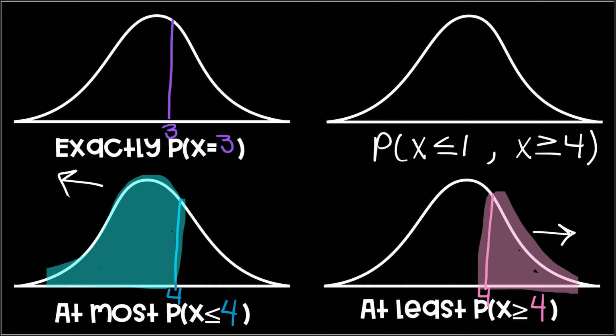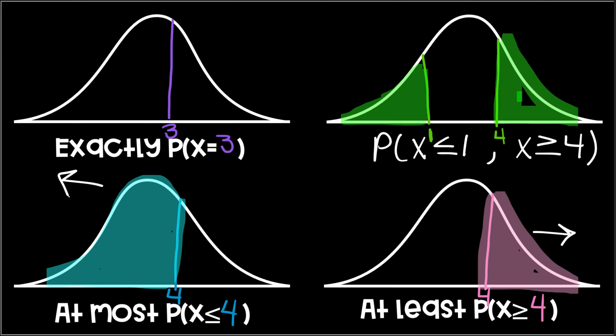That's fine. You locate your 1, and it will be anything smaller than or equal to 1, so the area to the left. And also all of the x values that are greater than or equal to 4, you locate your 4, and that's the area to the right of 4. In this case, we're being asked for the outer area of a range, not the inside area.